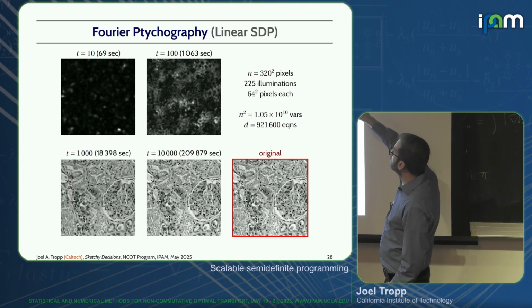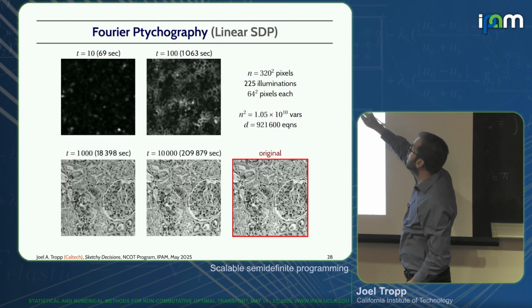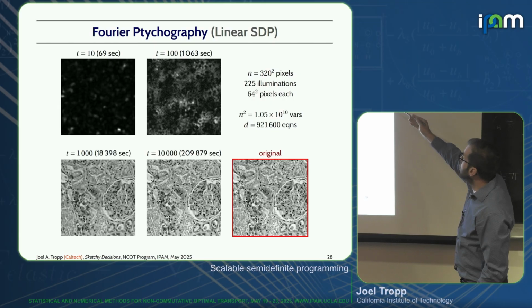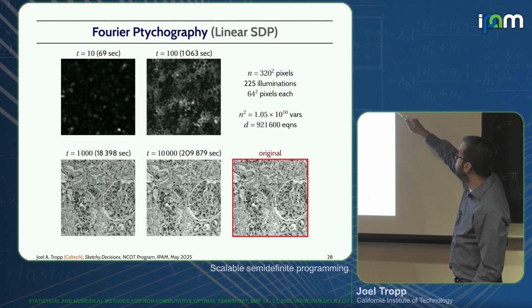The image we want to reconstruct is 320 by 320 pixels. To do so, we take 225 illuminations, so shining light on it from 225 different directions, and each of the illuminations is 64 by 64. So the SDP here has 10 to the 10th variables. So the SDP matrix is about 10 billion entries. There are about 1 million equations.